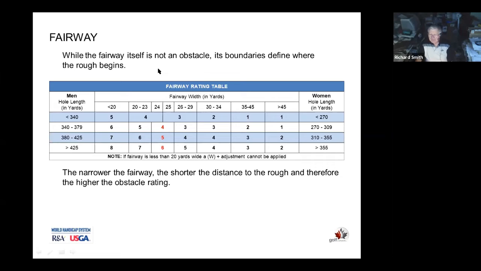So if you're evaluating a fairway for the man, you'd look at the yardage range of the hole over here and then go find your width column. If you're rating that hole for women, you'd use the yardages over here to determine what row you should be in.